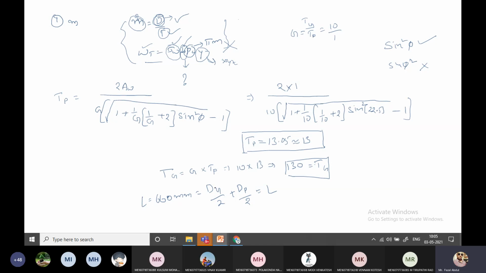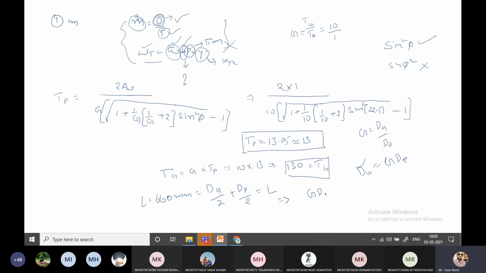Now here dg we don't know, dp we don't know. So from the gear ratio, dg by dp, dg is gear ratio into dp. So instead of writing dg, I am writing G into dp.